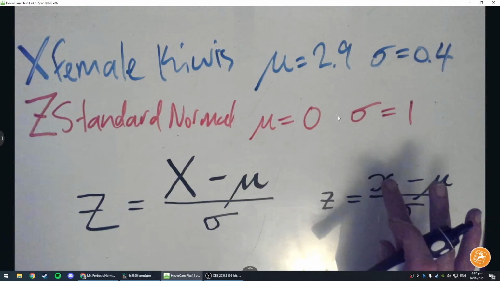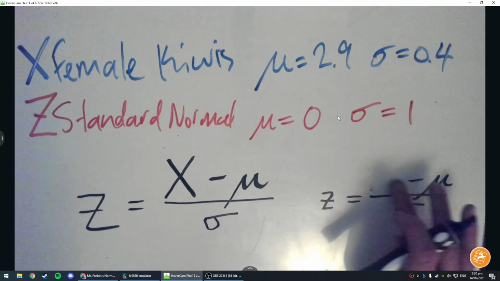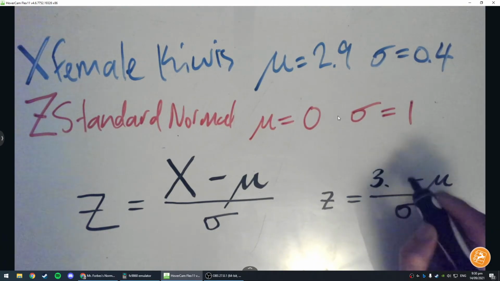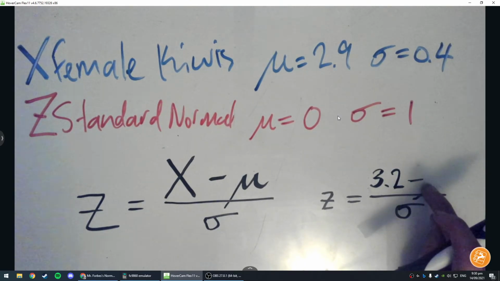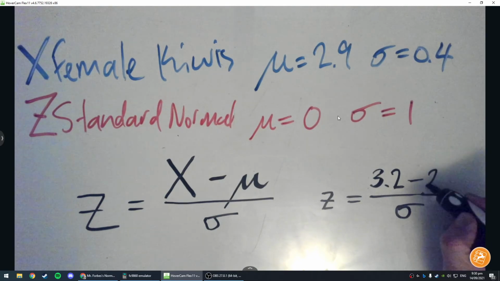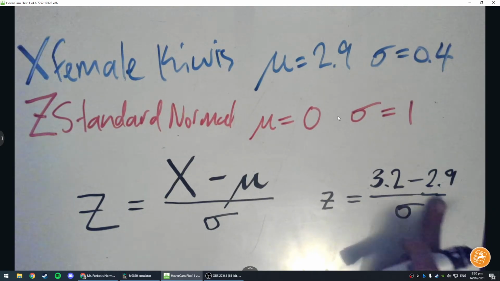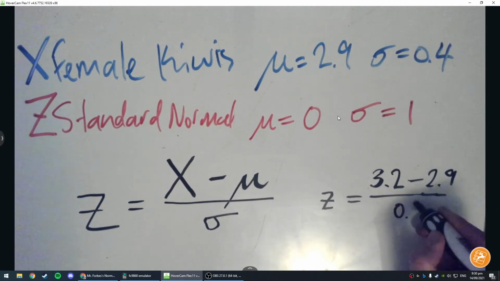So what I'm going to do is over here, I'm going to change this out for 3.2. Right? And then the mean was 2.9, and the standard deviation was 0.4.